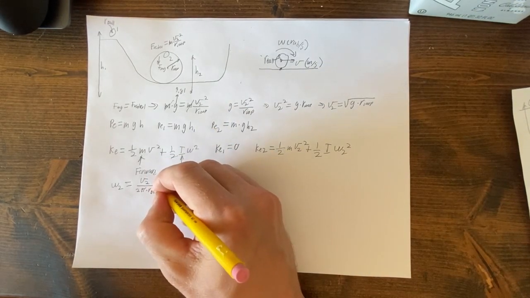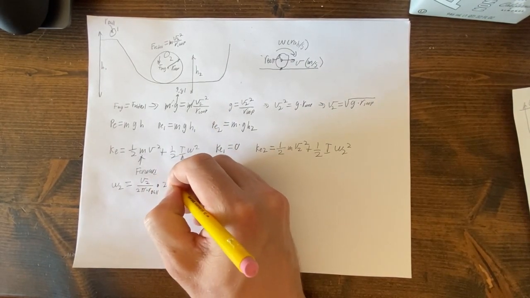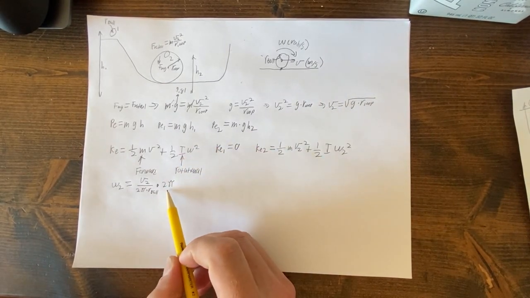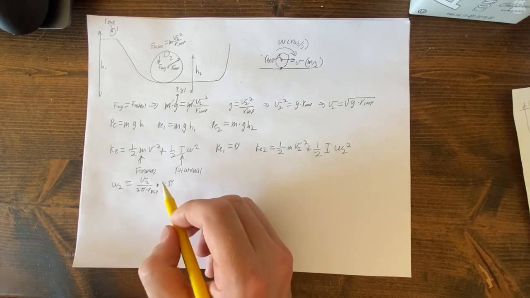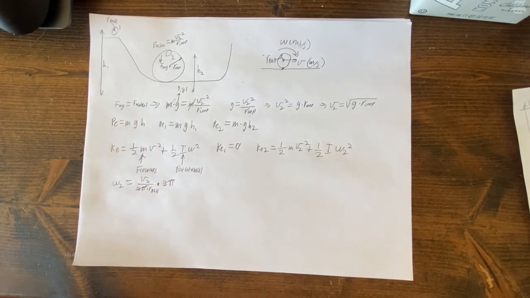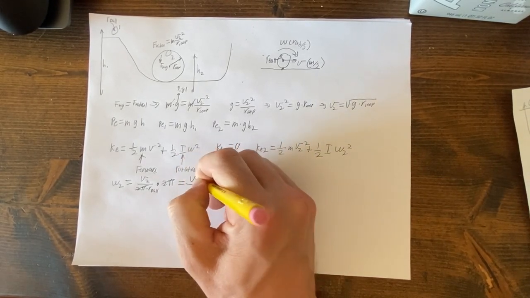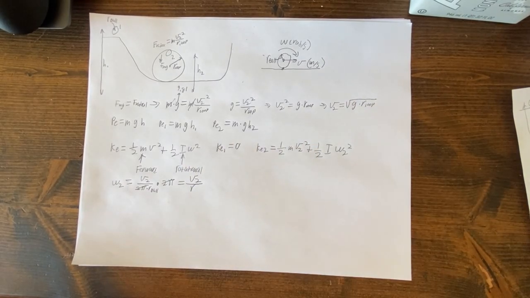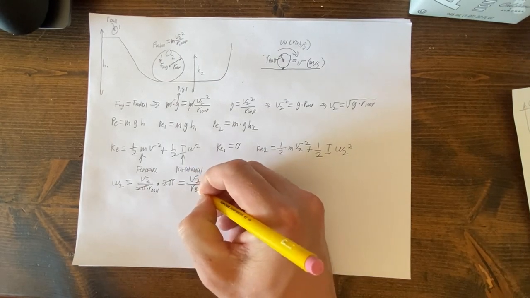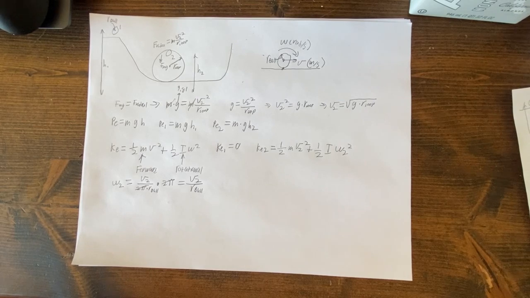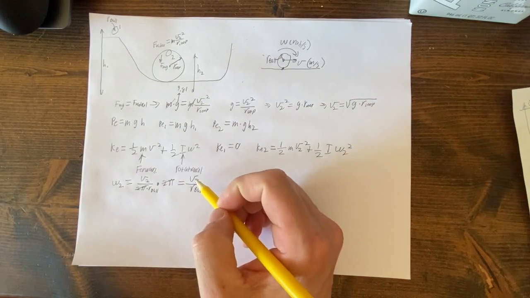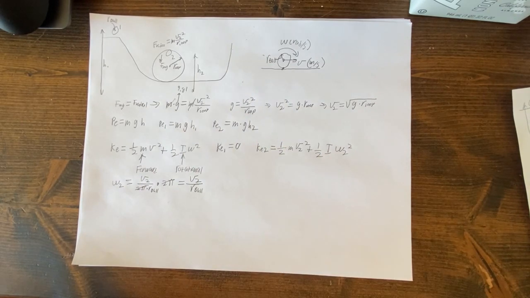So you basically just have to multiply this by 2 pi, because there are 2 pi radians per rotation. Kind of confusingly, the 2 pi's will cancel out in the numerator and denominator, leaving you with V2 over R, which actually tripped me up when I first learned about this. And this is our ball, the radius of the ball. So that's how we find our omega 2. And again, our omega 1 will be 0 because when V goes to 0, omega also goes to 0.